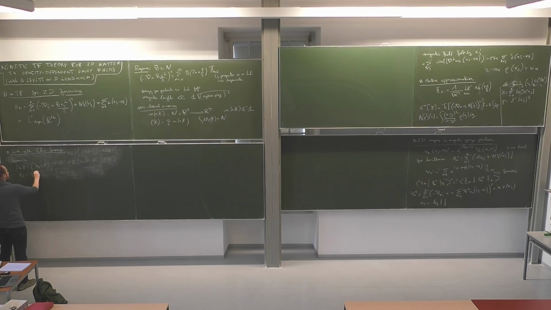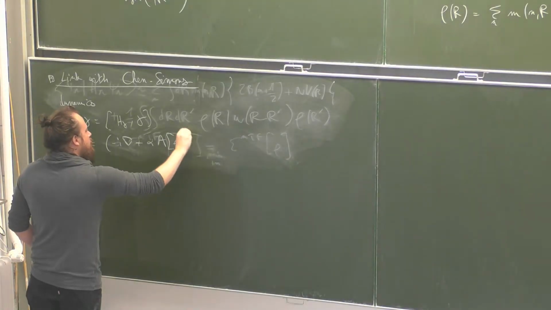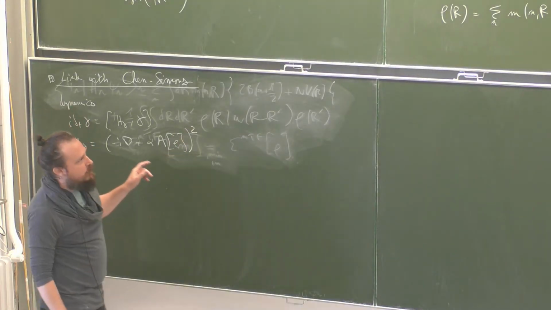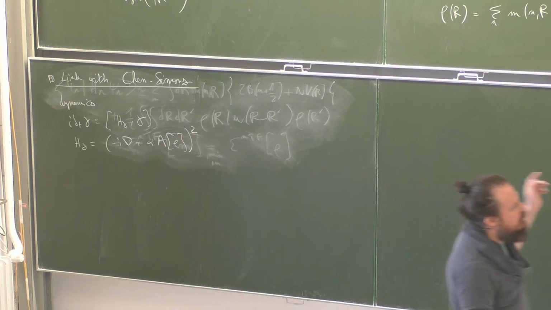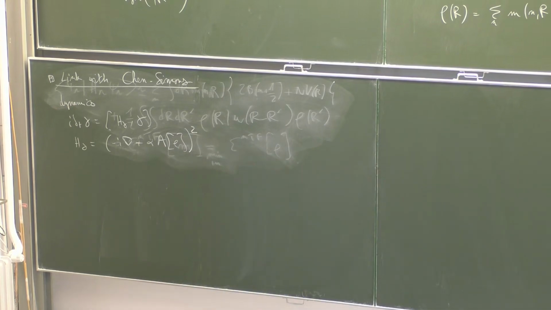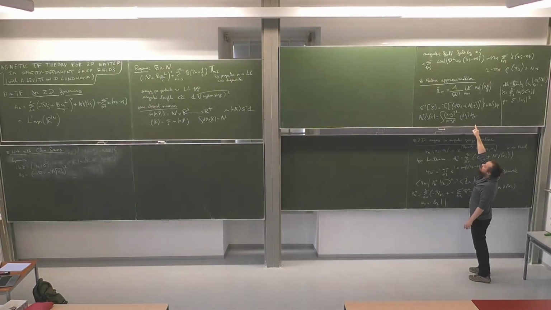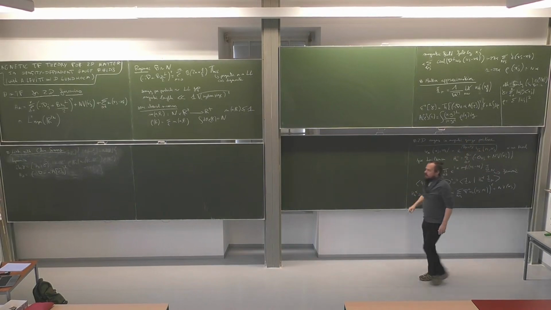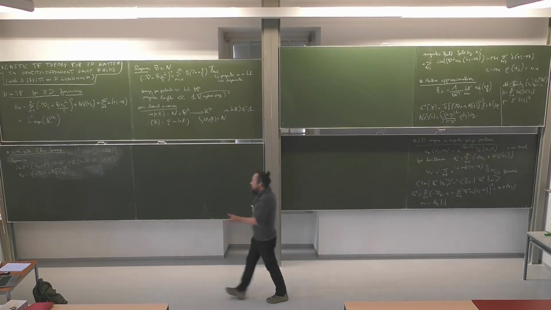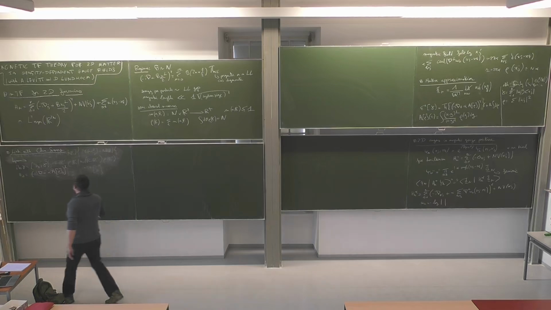It starts, as you might think, with (minus i nabla plus alpha A of rho) squared, but then you have to remember that you get this by differentiating this functional. So the term I wrote is what you get when you differentiate gamma, but if you differentiate the A of rho, you get another term, which is a little bit more, let's say, fun, actually.